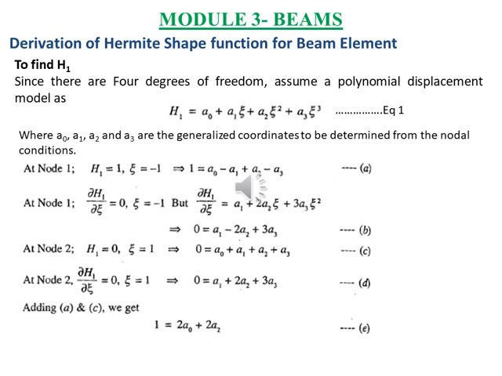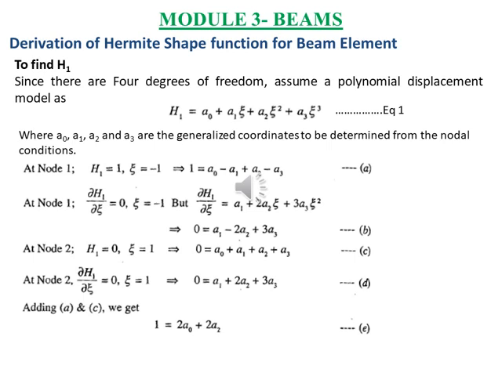So let this be equation B. Similarly at node 2 h1 is 0 and neta is 1. So I can rewrite the equation as 0 is equal to a0 plus a1 plus a2 plus a3. Now at node 2 the differential of h1, that is del h1 by del neta, is equal to 0 and neta is equal to 1. So I can rewrite this as 0 is equal to a1 plus 2a2 plus 3a3.